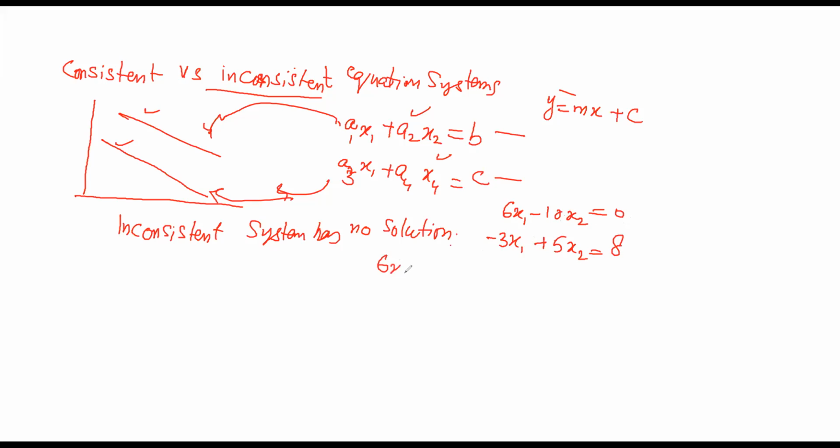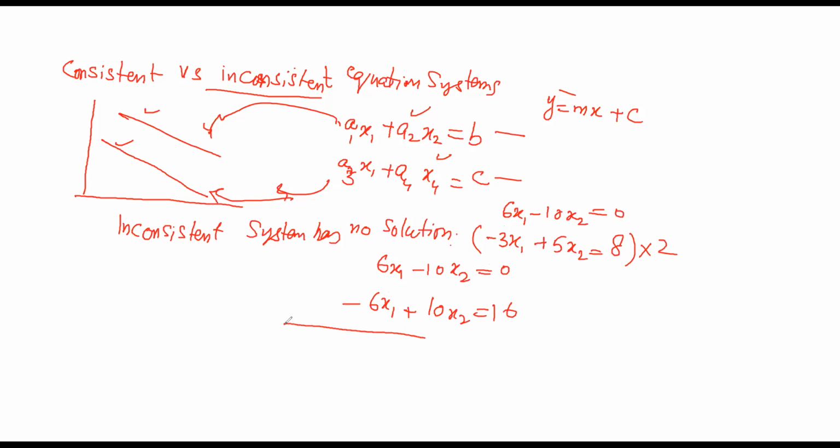So I rewrite the first equation, 6x1 minus 10x2 is equal to 0. And now I multiply the second equation by 2, so it will be minus 6x1 plus 10x2 is equal to 16.